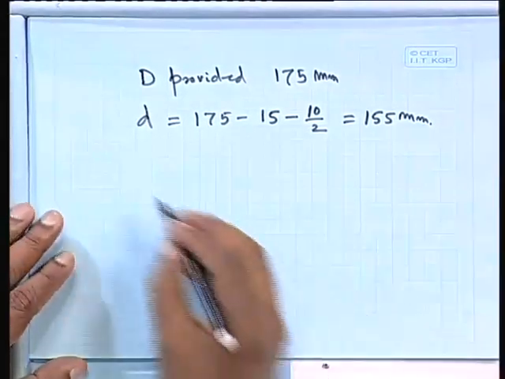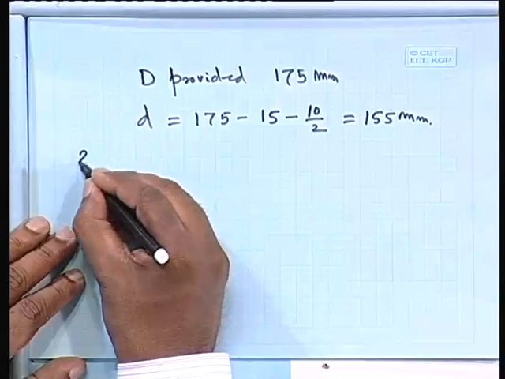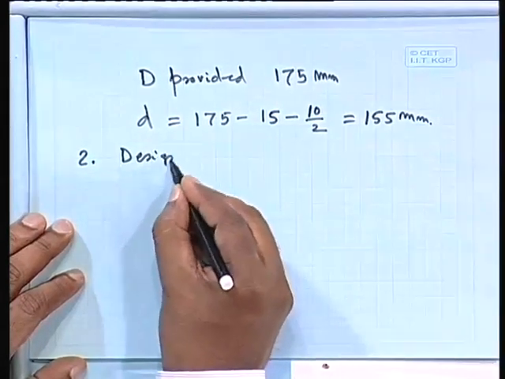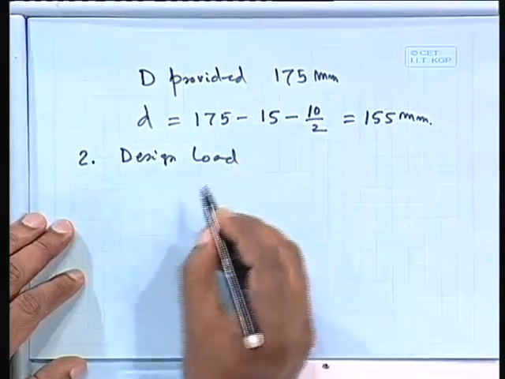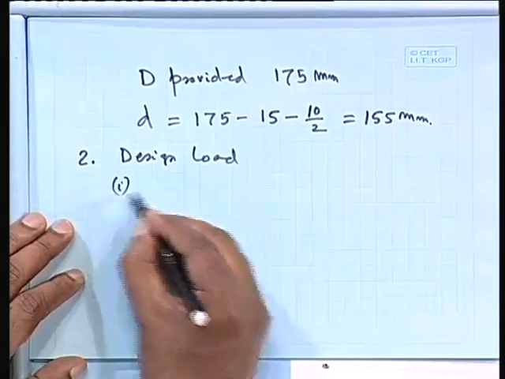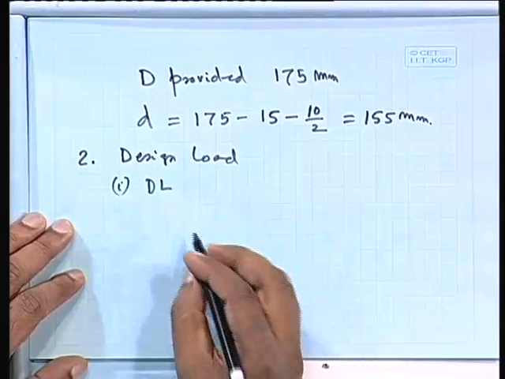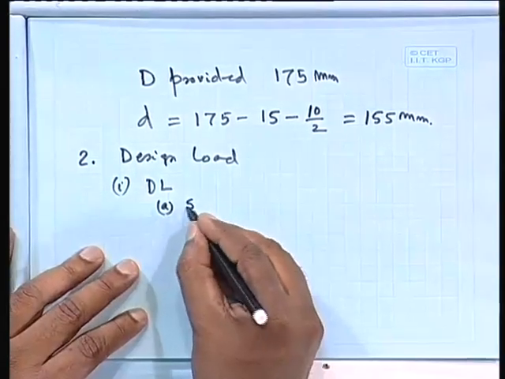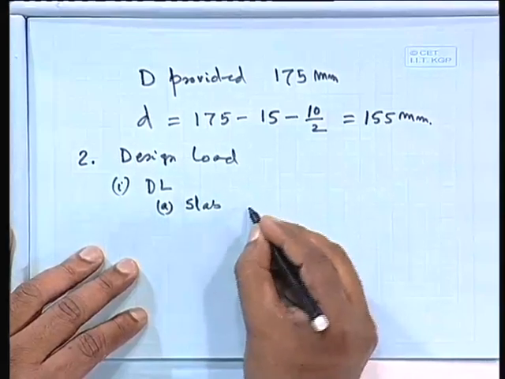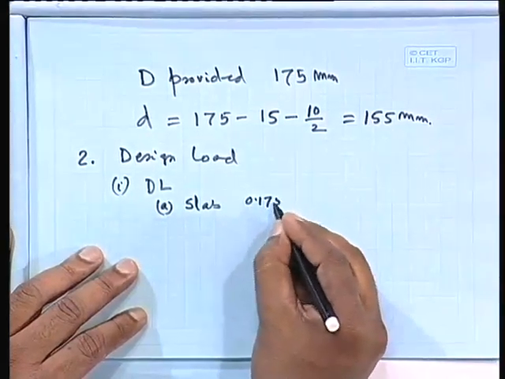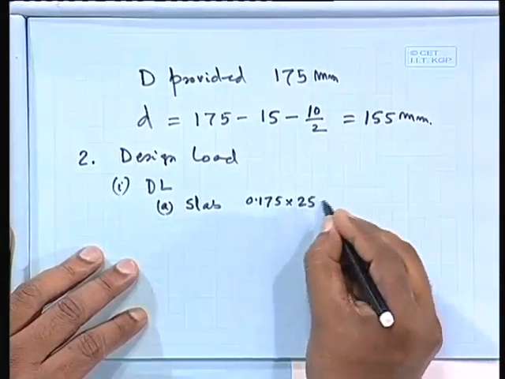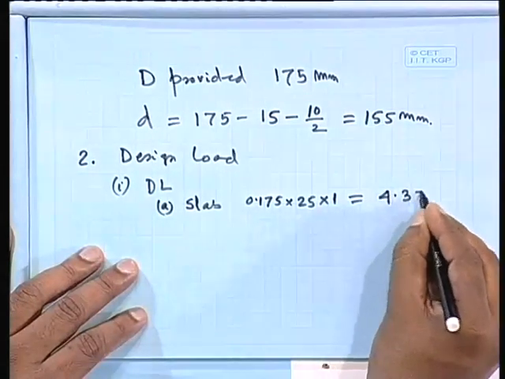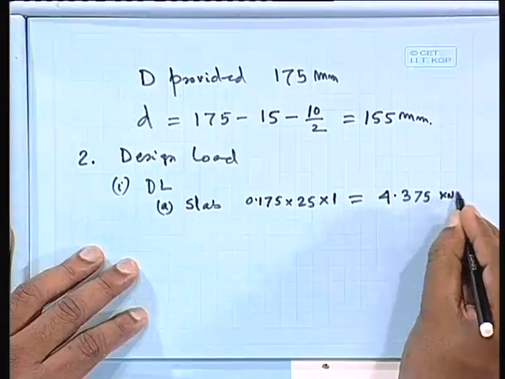Okay. Number 2, here we shall take the design load. One is the dead load. It can have so many components, say slab: 0.175 into 25 into 1 meter width, which comes as 4.375 kilonewton per meter.